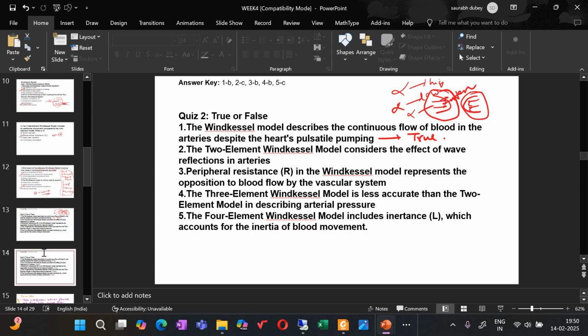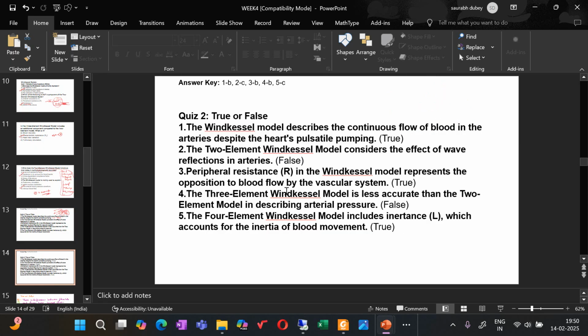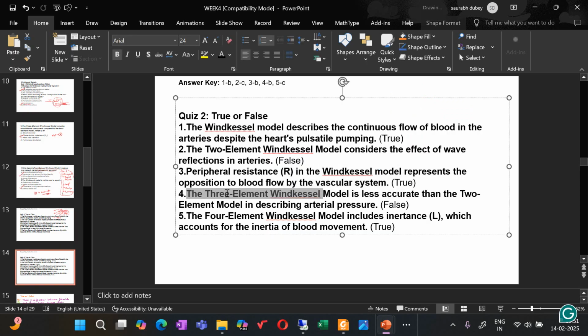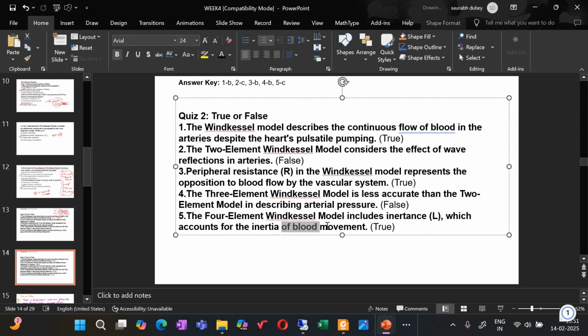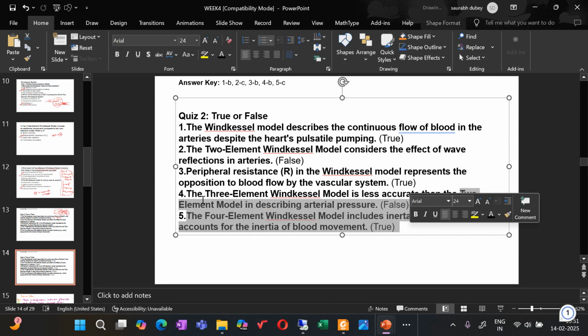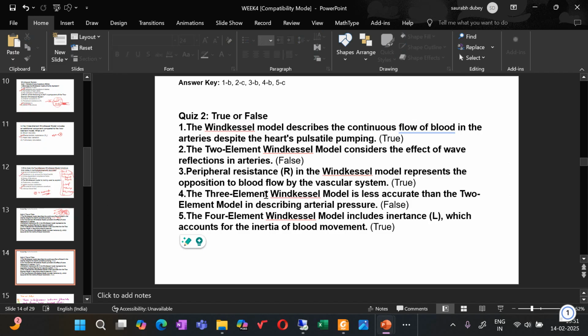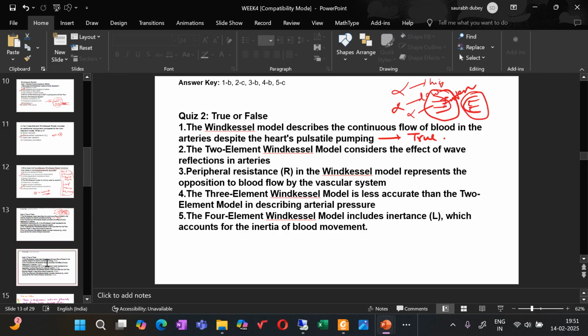This one is false. It is more accurate. It is like 1, 2, 3, 4, so the fourth one was my best one, where the inertia of the blood is considered. Everything we have discussed, and these were more like straightforward questions.